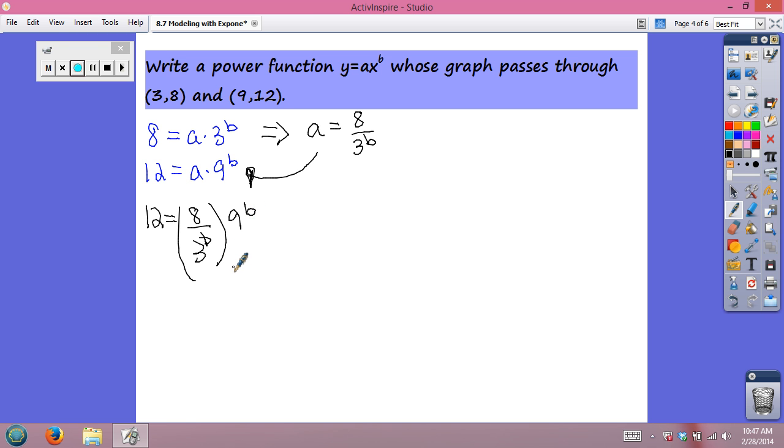We can simplify this to get 12 equals 8 times 3 to the b power, because we know that since these have the same exponent, we can combine them. 9 divided by 3 is 3. Divide both sides by 8. We get 3 to the b power is approximately 1.5.